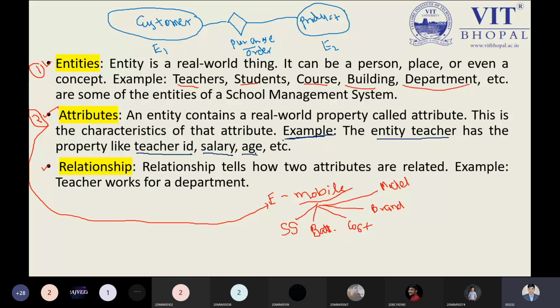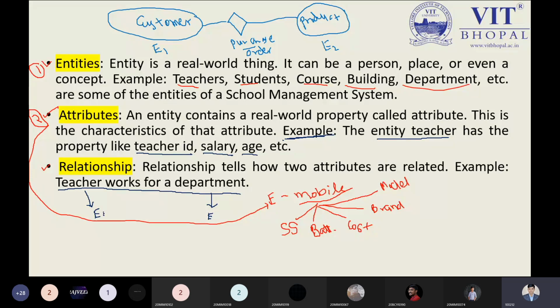And a relationship tells how two entities are related. For example, a teacher works for a department. Department itself is an entity, and teacher also is an entity. If this is entity one and this is entity two, these two entities make a relationship.